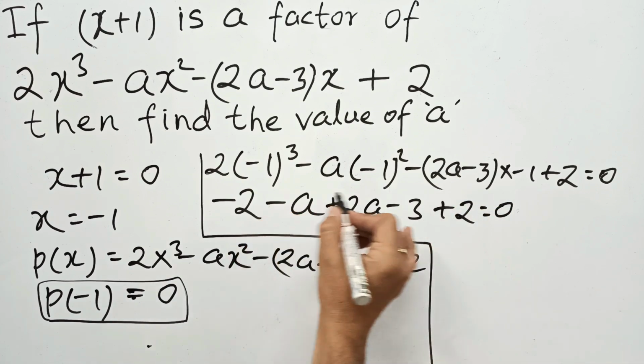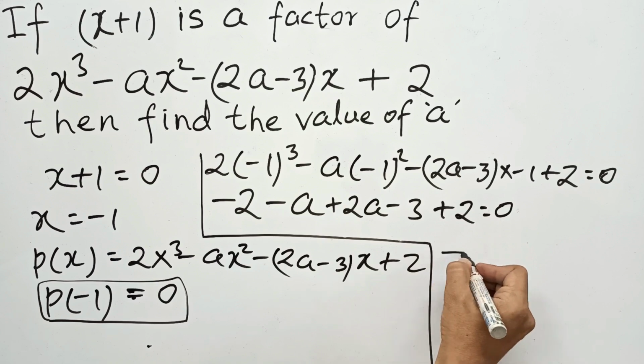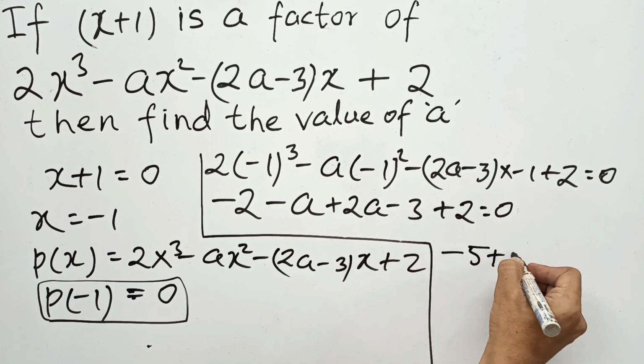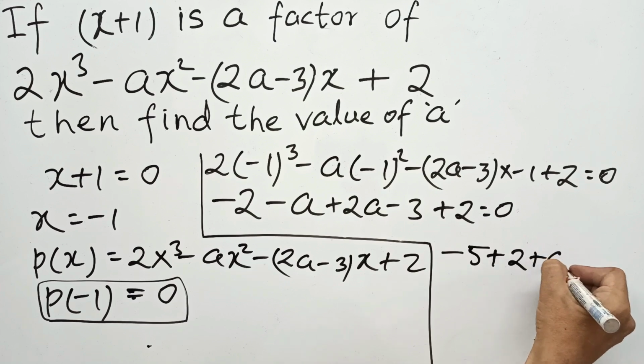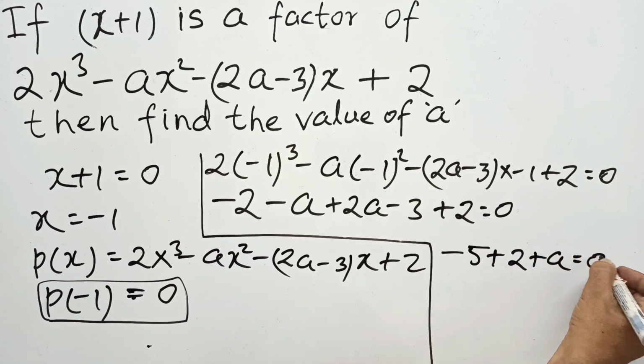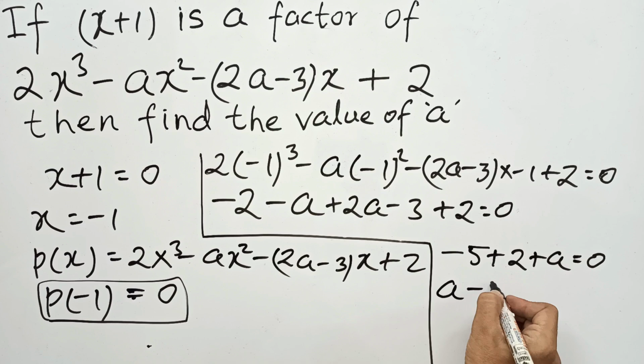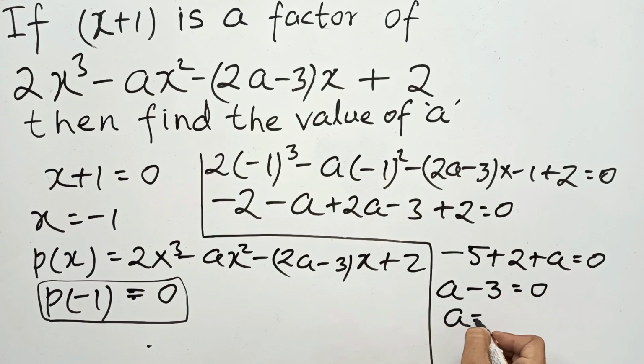So finally minus 2 minus 3 minus 5 plus 2. And this after subtraction plus a is equal to 0. So a is equal to 3 is the answer.